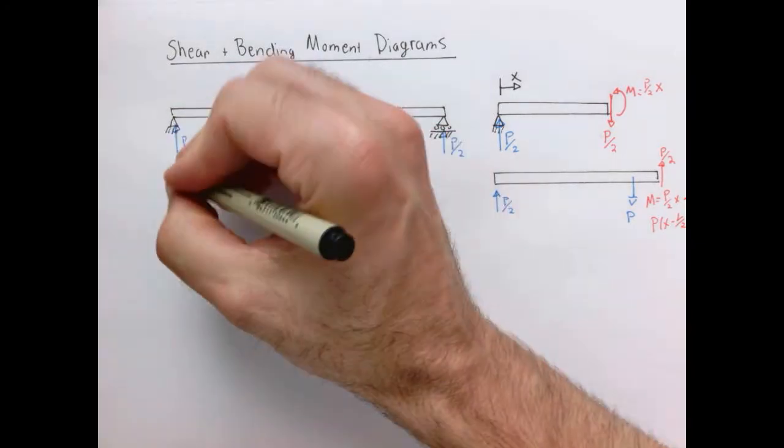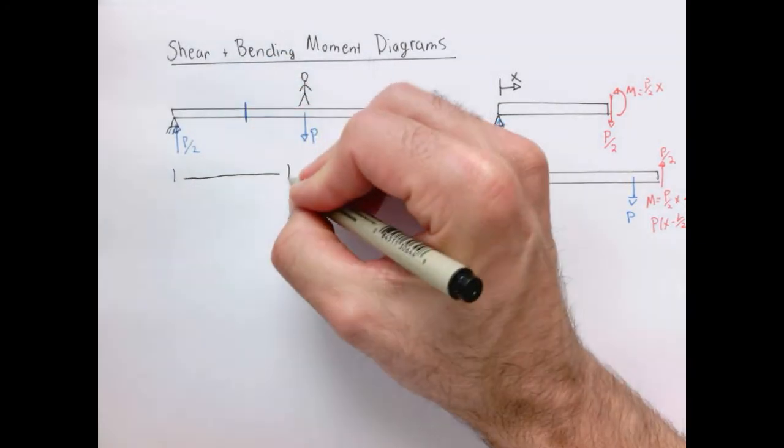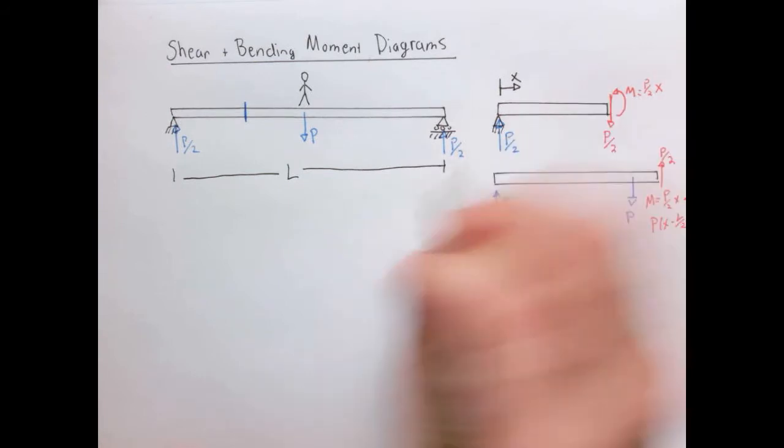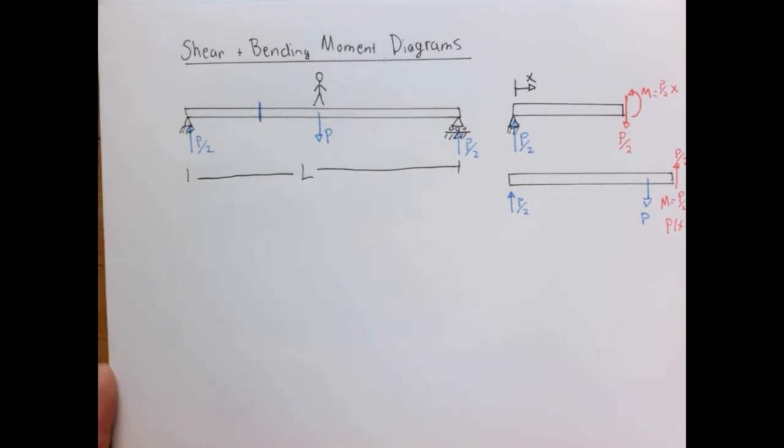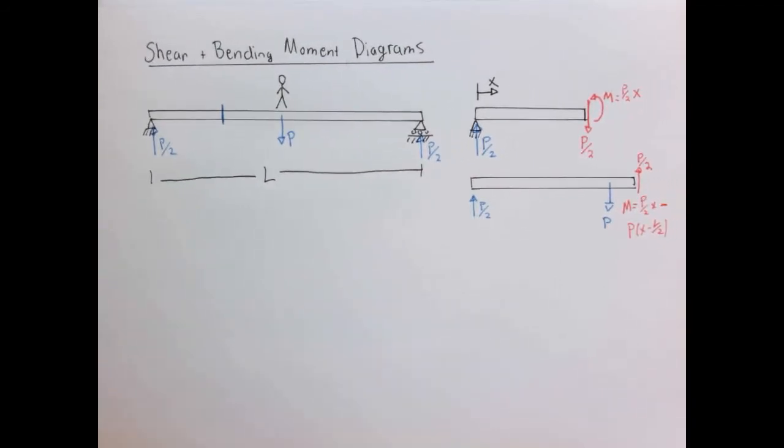So we should have written that in the beginning. So the length of my beam is L. So the center point is L over 2. So now we have a formula for the bending moment. Oh, and I've done that thing where I've kind of gone off the screen in the wrong direction. Sorry about that. And so now we have a formula for the bending moment as a function of x.